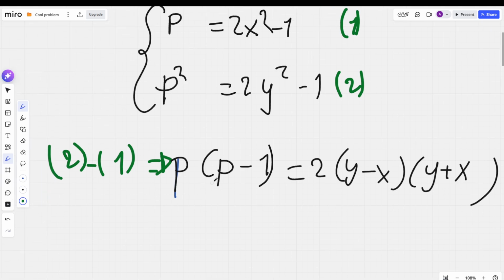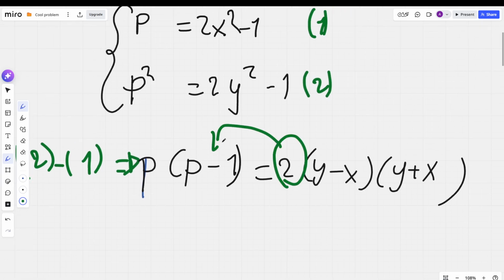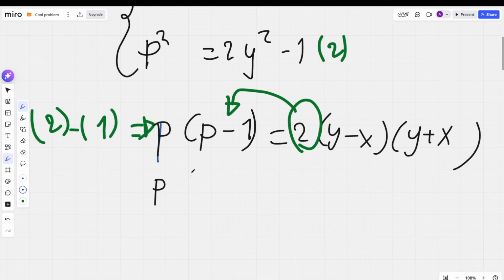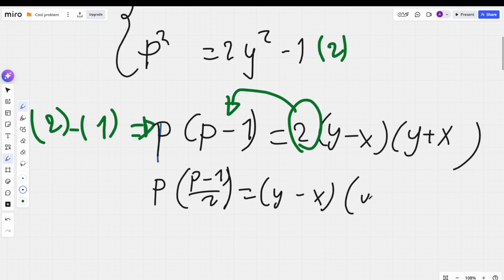Let's now notice that 2 only divides p minus 1, so we get p times p minus 1 over 2 is equal to y minus x times y plus x.